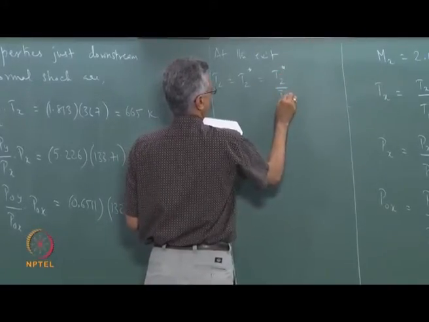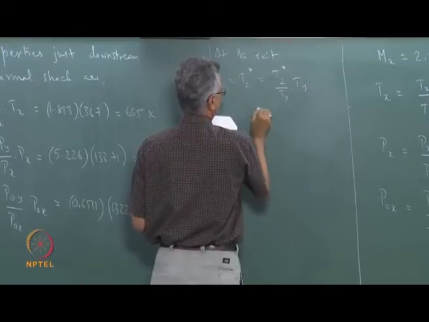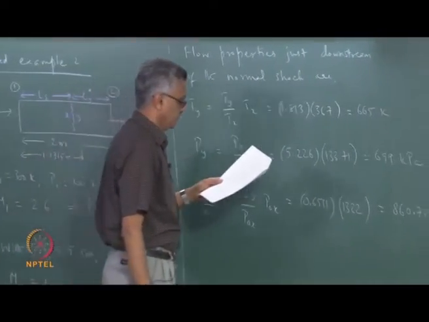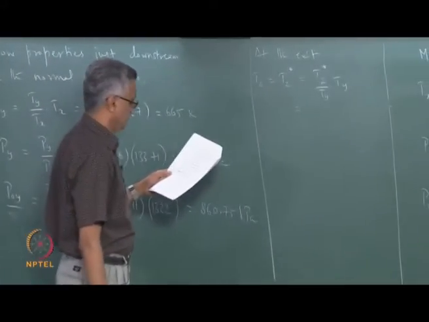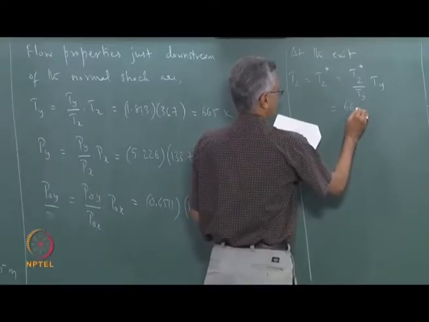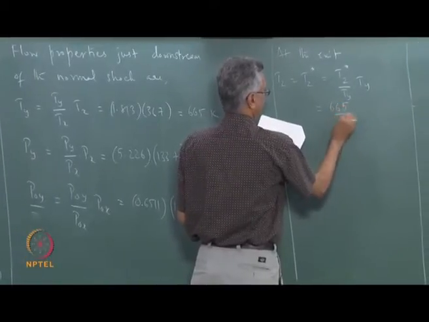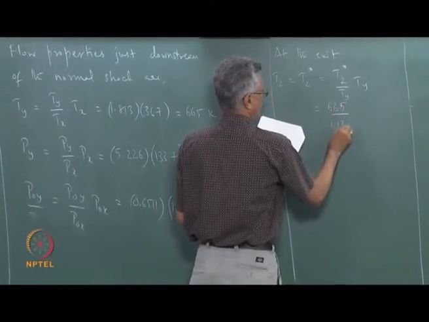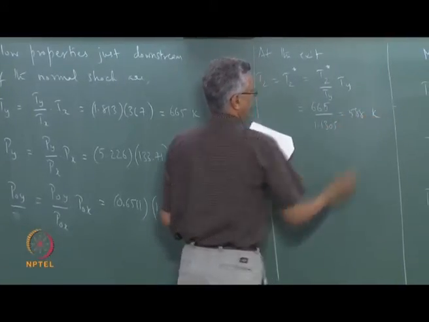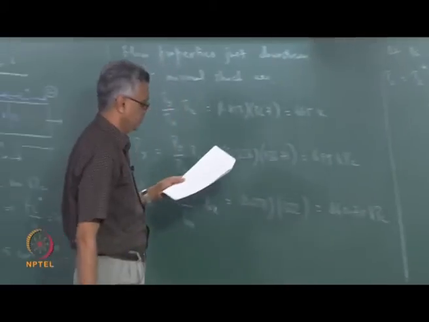T2 star over Ty times Ty. Ty is known, T2 star over Ty I can get from Fanno table. So, this gives me 665 divided by 1.1305, which is 588 Kelvin, the exit static temperature.